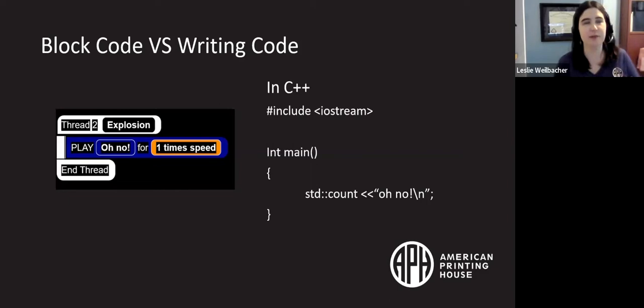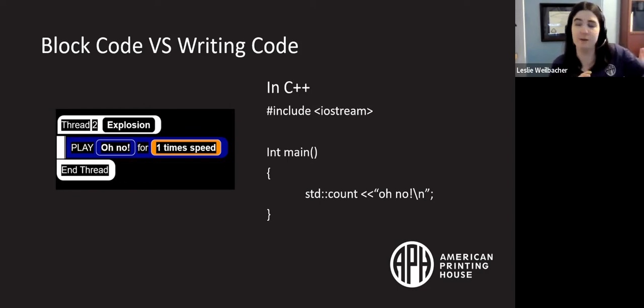So I keep talking about block coding, and I want to explain the difference and why we do block coding versus just doing the stereotypical person sitting in the dark typing like mad on their keyboard. Block coding is the simplified way that we start usually with children. And actually, I find it a lot easier too.